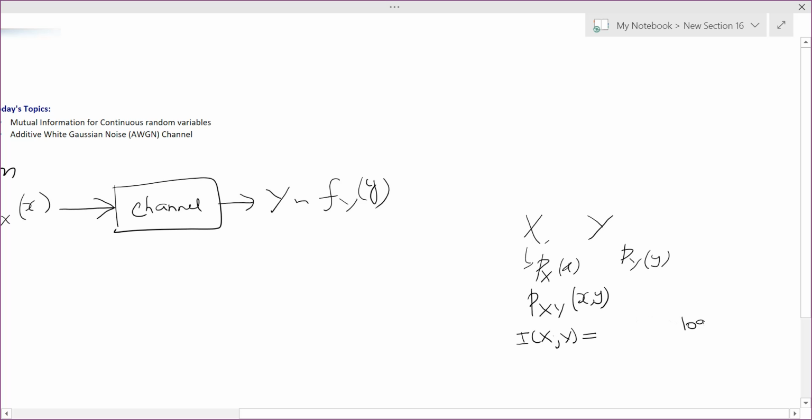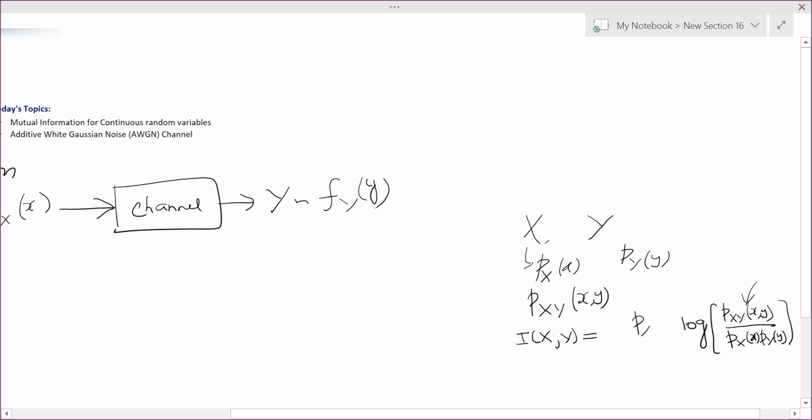You take the log ratio of the joint distribution and the product of marginals. In one way you can say that it is the comparison of the case where x and y are dependent on each other, so they are described by the joint distribution, versus the case when x and y are independent. So this log ratio will be 0 when x and y are independent. In that case, p of xy will be equal to px times py. Otherwise it will be non-zero. In fact, it will be greater than 0.